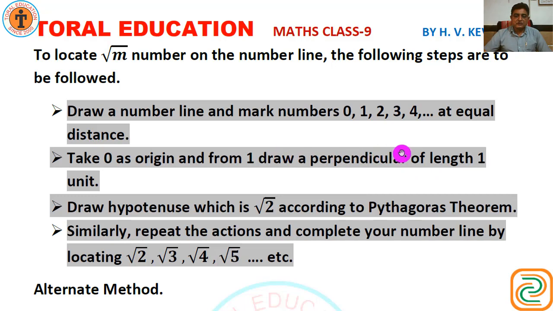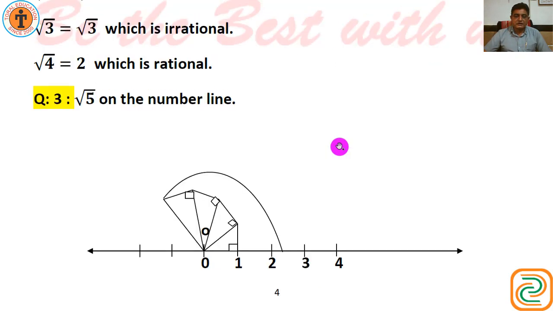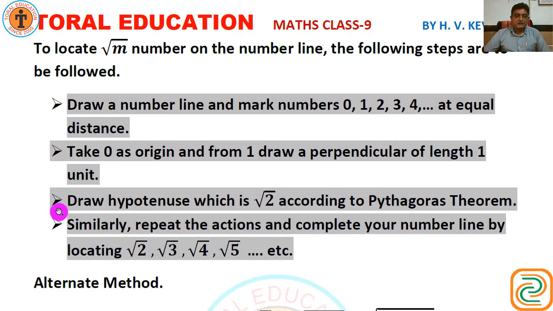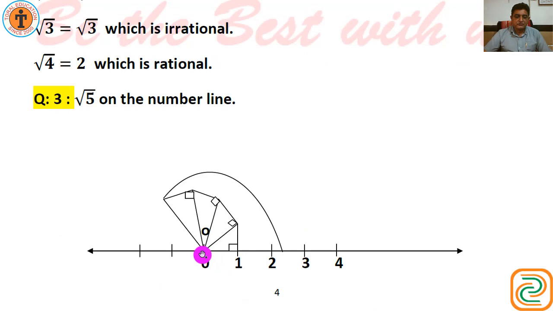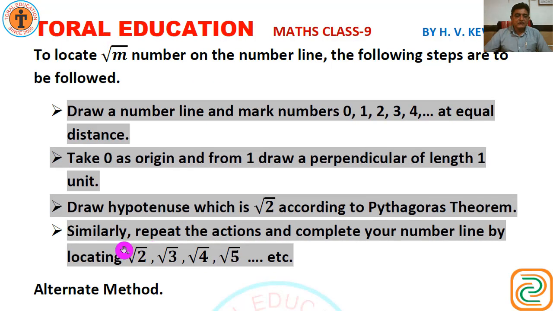Draw the hypotenuse, which is root 2, according to Pythagoras theorem. Similarly, repeat the action and complete your number line by locating root 2, root 3, root 4, root 5, etc.